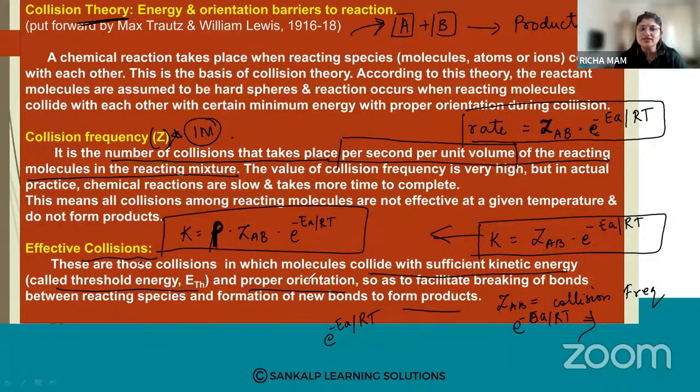The collisions in which molecules collide with sufficient kinetic energy and with proper orientation to form the product. So the molecules should collide with each other with a proper orientation and with sufficient energy, and they will form the product. So this is called the effective collision. So this is about collision theory.